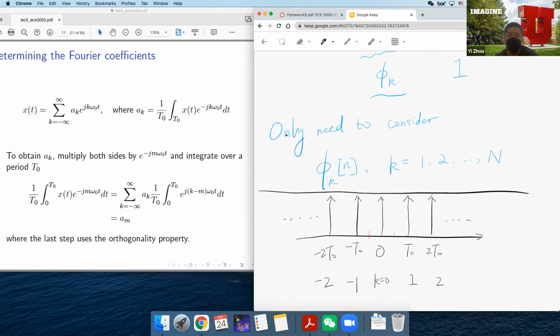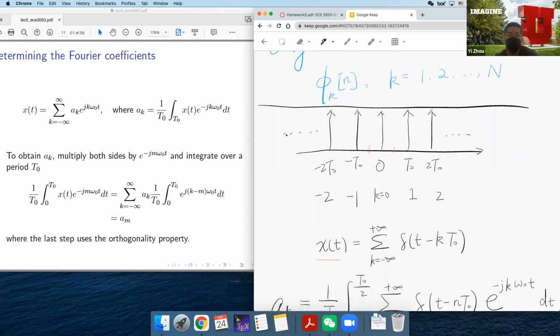Okay, and this signal is particularly important because we can do sampling by using this signal. If you have any continuous time signal, you multiply that signal with this comb-like signal, and then we are basically sampling the continuous time signal at these discrete time points.